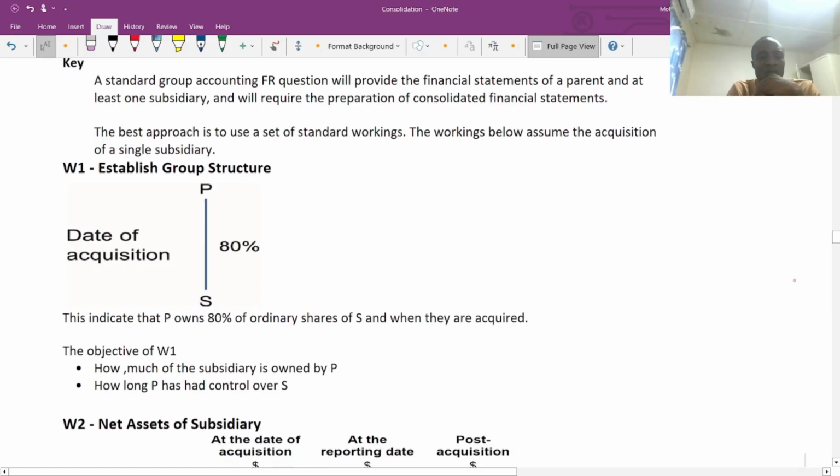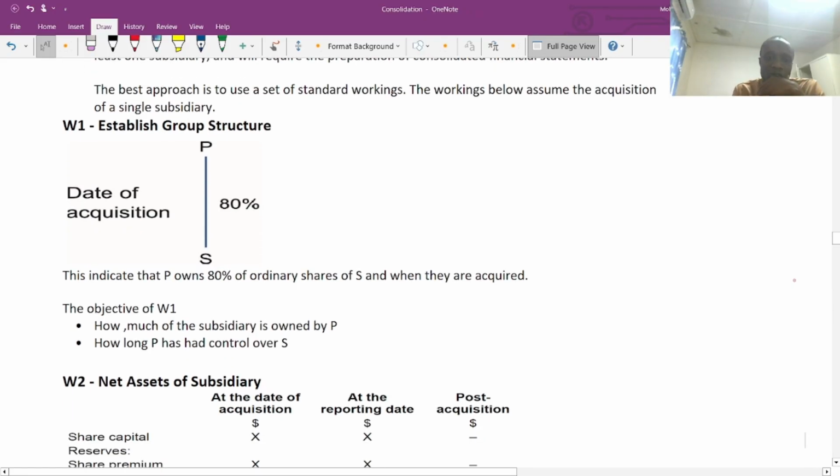Working one is talking about the establishment of the group structure. So we need to establish the group structure. We need to show the proportion of holding between the parent and the subsidiary.